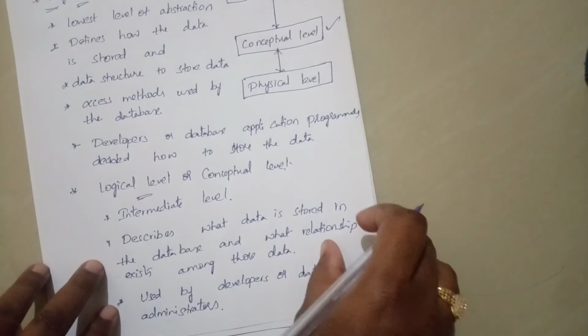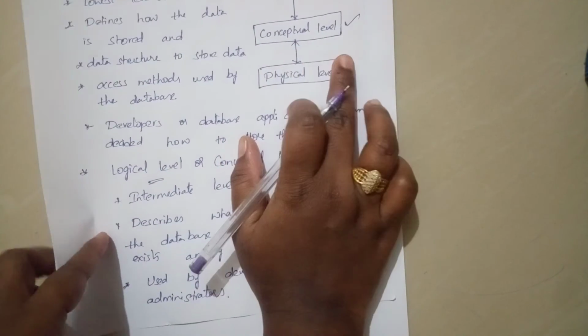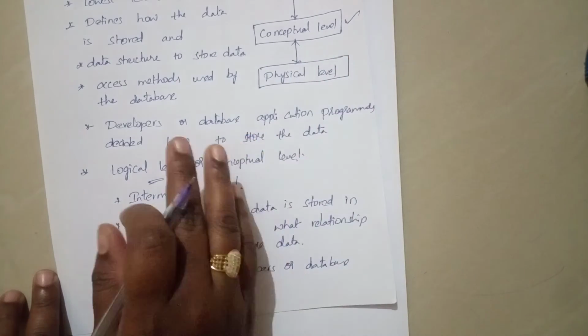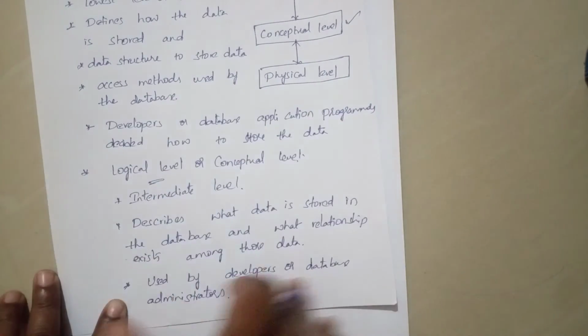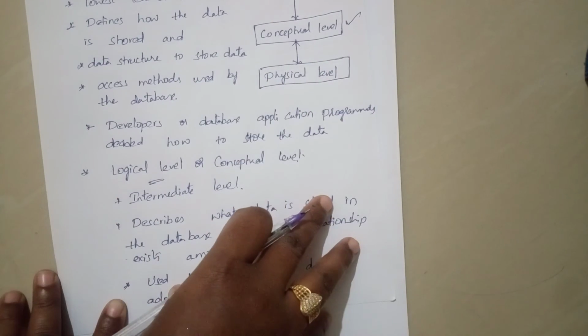It tries to describe the entire or whole data. So the logical level, or conceptual level, describes the overall data stored in the database.